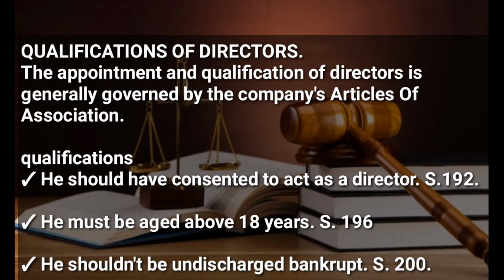It disqualifies an undischarged bankrupt person from becoming a director, or else a fine not exceeding 1,020 currency points or imprisonment for 2 years, or both, will accrue to the director. So someone should not be an undischarged bankrupt in order for them to become a director.